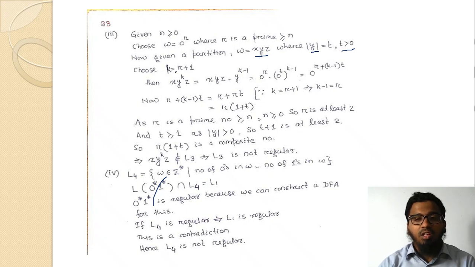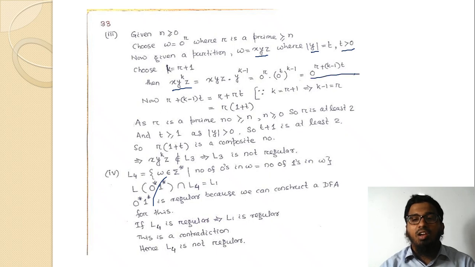Choose k equals r plus 1. So if we take x y to the power of k minus 1 z, that is 0 power r, 0 power t whole power k minus 1.